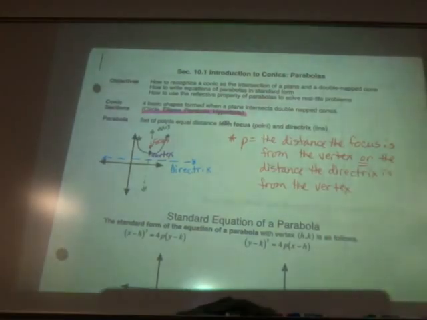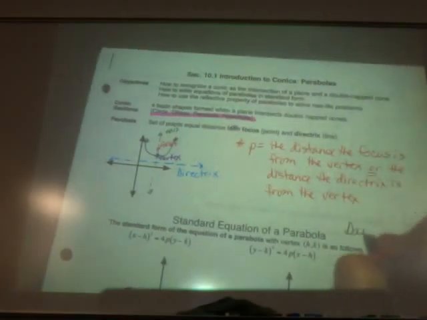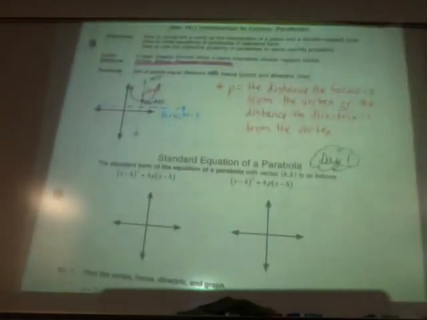So they're equal distances away from the vertex, and that distance is called P. We're not going to get through all of these notes today, so day one, we'll get through everything but the last page.